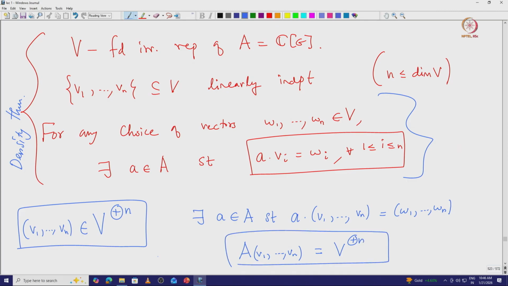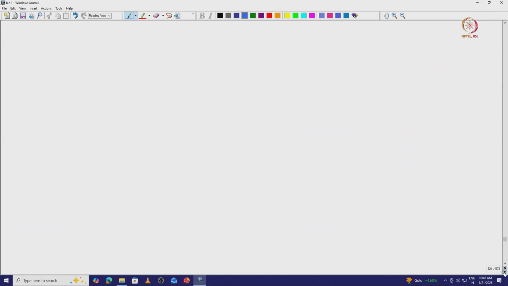This is an equivalent way of stating it. Basically, this one single vector V1 etc. Vn cyclically generates the entire V direct sum n. So, that is what the density theorem guarantees us.